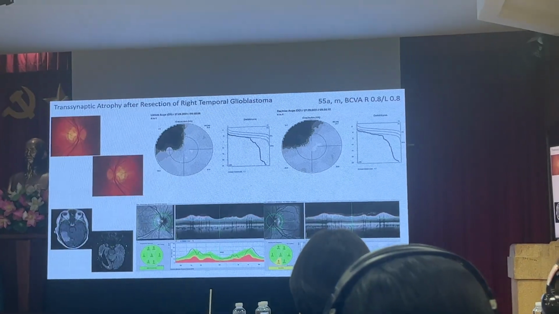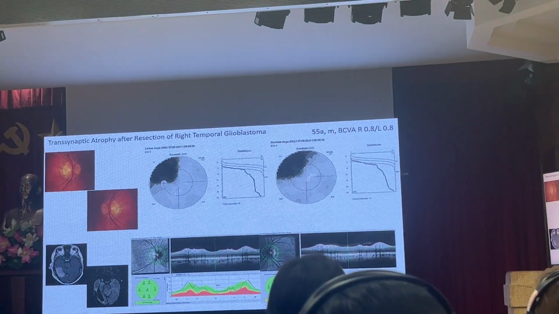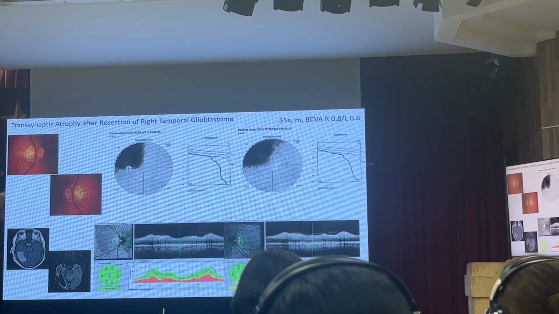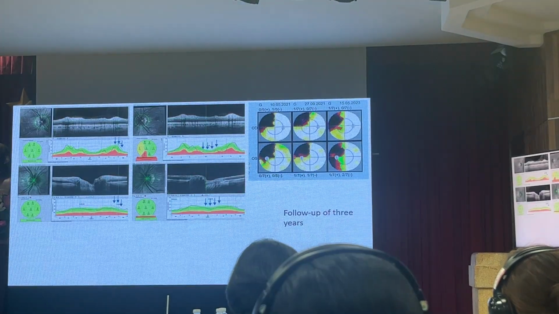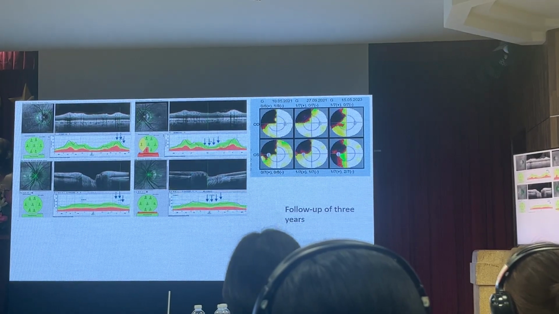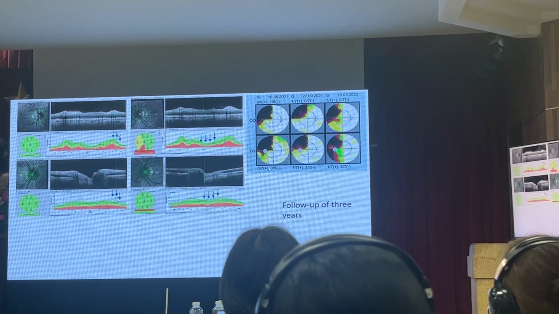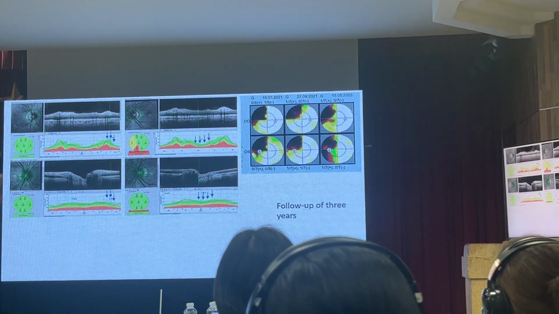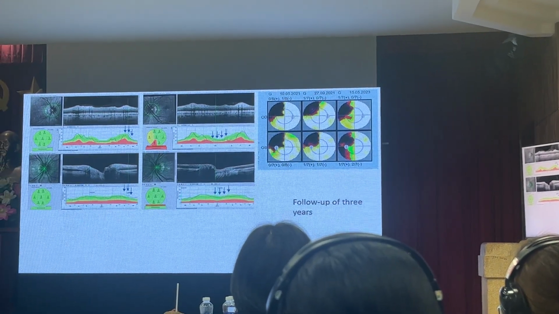Again, the rim was not affected in OCT, and the nerve fiber layer on the nasal inferior side was borderline affected. But when we have a close look again at our nerve fiber layer, we see that on the right eye, no affection, an atypical affection to the nasal inferior side with unaffected rim.